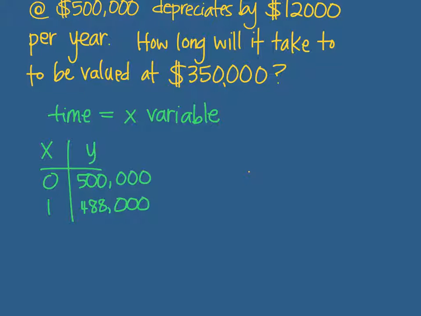Now you could keep doing this over and over again until you hopefully get to 350. But we're going to imagine that we are trying to figure out what matches up to 350. So use your 3 steps from before. Create a slope, create a point slope line, and we'll see if we can use that.